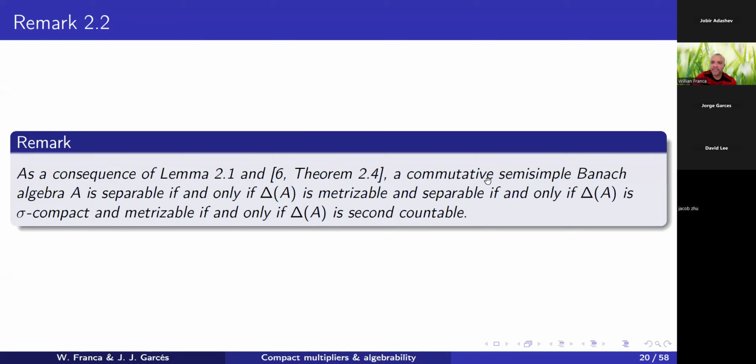A commutative semi-simple Banach algebra is separable if and only if its spectrum is metrizable and separable, if and only if its spectrum is sigma compact and metrizable, if and only if its spectrum is second countable. So we do have a lot of topological properties behind it. That's the thing you should keep in mind. There's no purely analytical approach, but there are many topological ideas behind it.